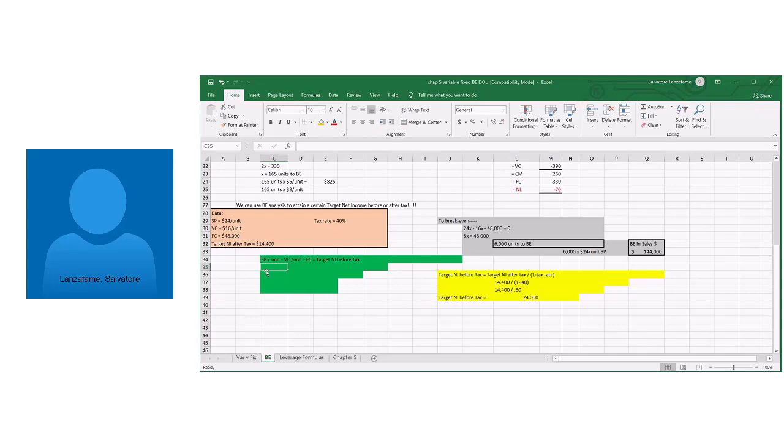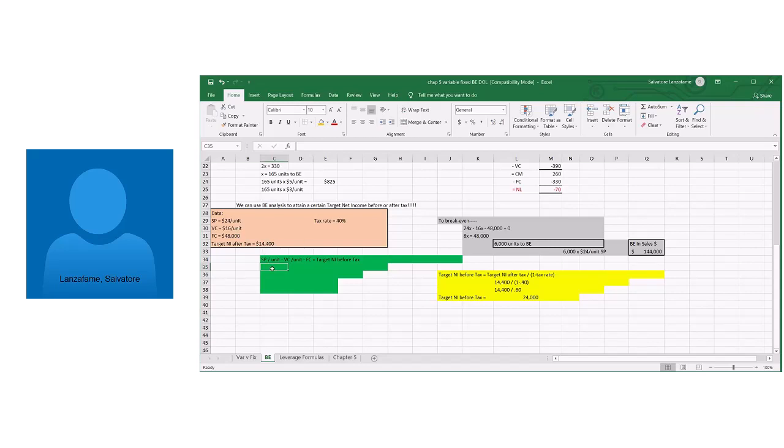So let's calculate our target and figure out how many units we have to come up with to hit the target. We know that to break even we need 6,000, and that's a hit of 0. Now we're trying to hit 24,000 before tax, 14.4 after tax.